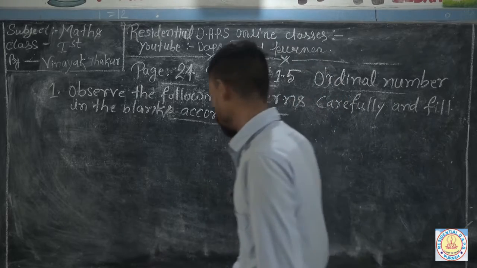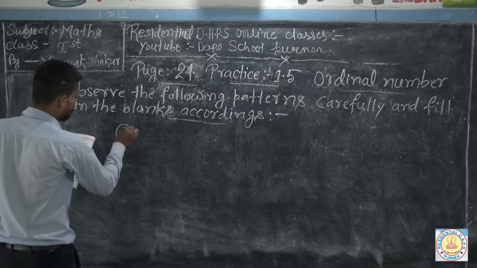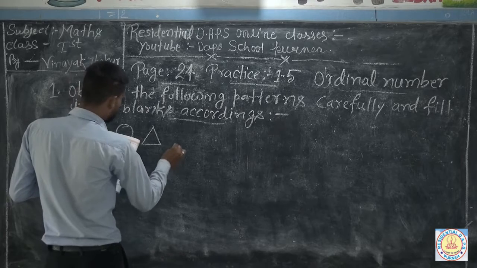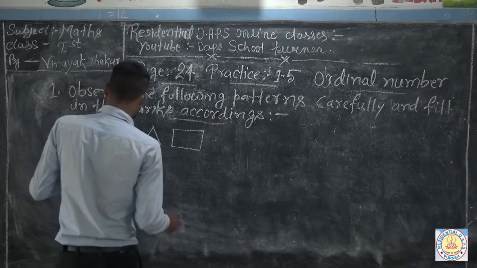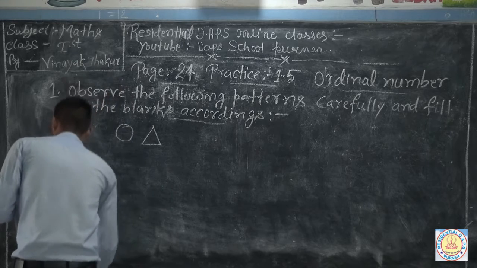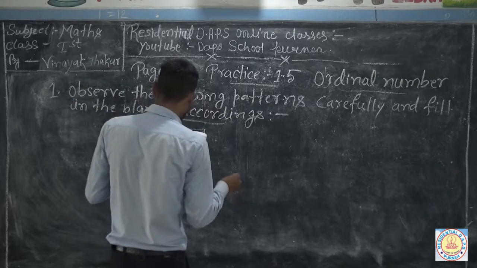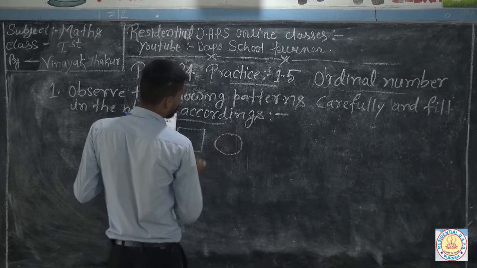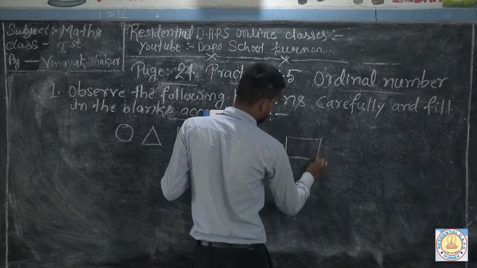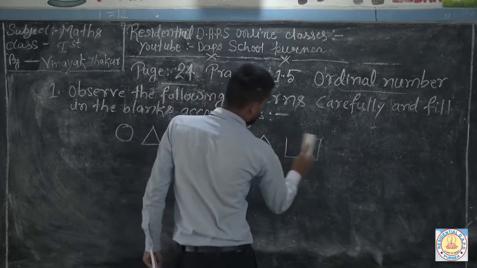So at first I am going to put the figures given in your book. This is the first figure, circle. Then the second one is triangle. This is the third one, and then circle comes up, then triangle, and then the square.